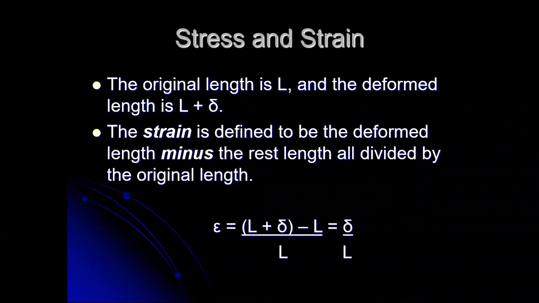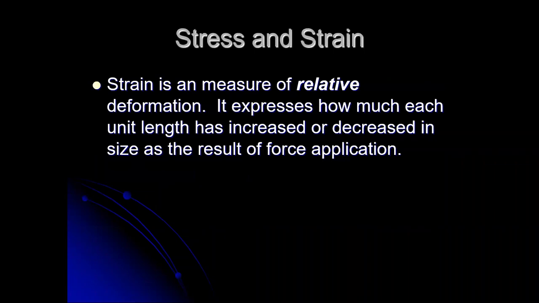So there's our equation for strain. Strain epsilon is delta, the elongation or the deformation, over the length. So strain is a measure of material deformation or relative deformation. It's how much each unit of length has increased or decreased as a result of applying stress.